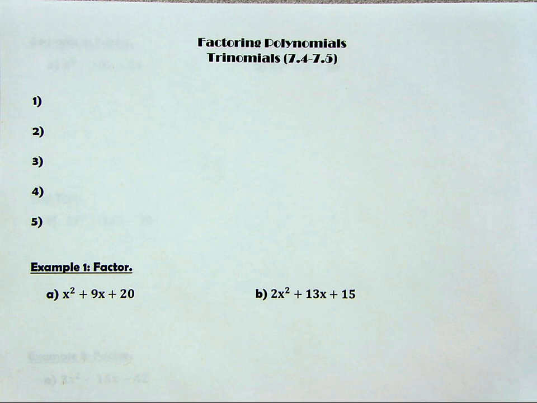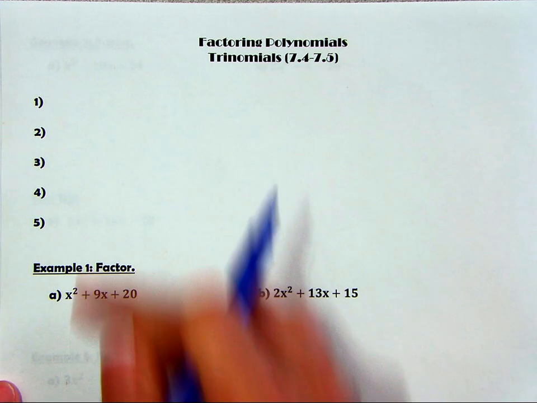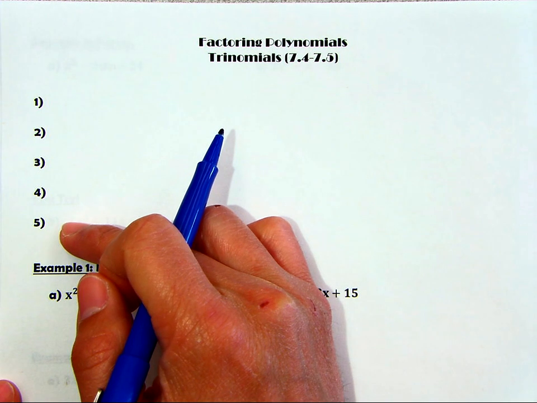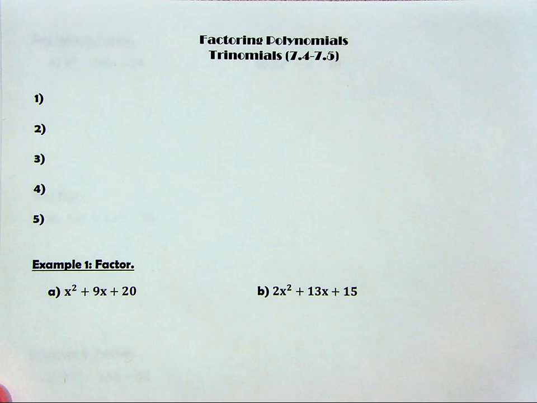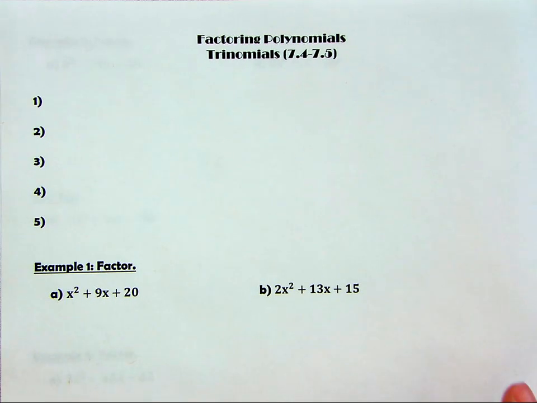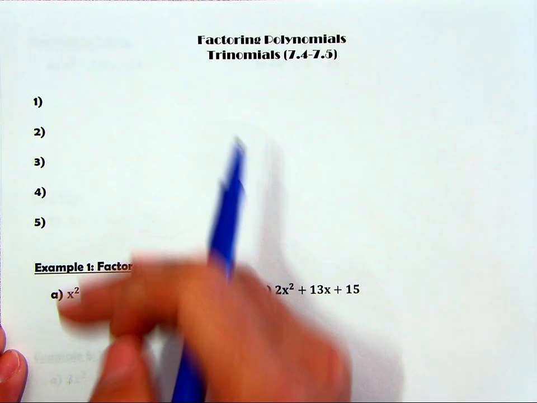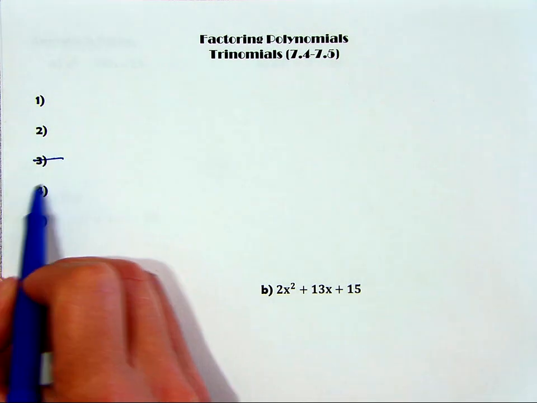All right, so in your notes, which you got off the school website, there's a list of 5 steps and then some examples. Now, since we've already learned how to factor trinomials, I'm not going to write out a bunch of small steps. I'll just break it down into 2 steps for you.